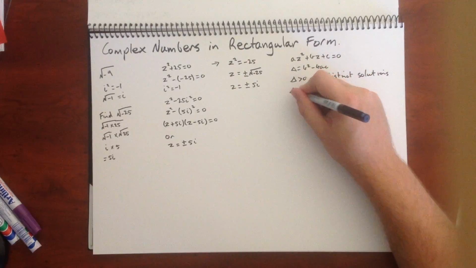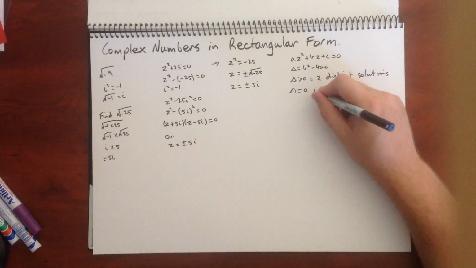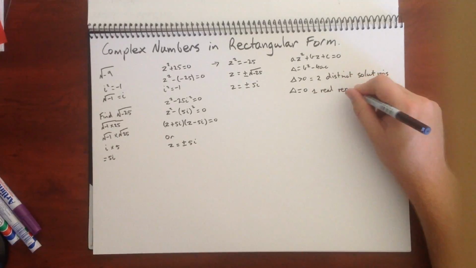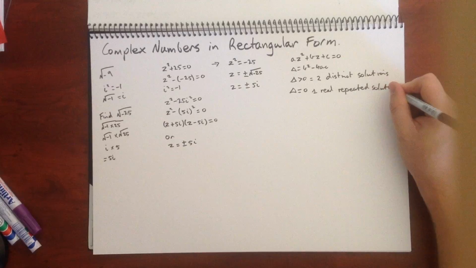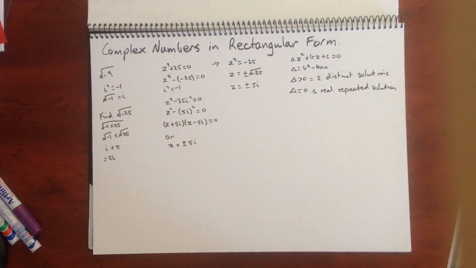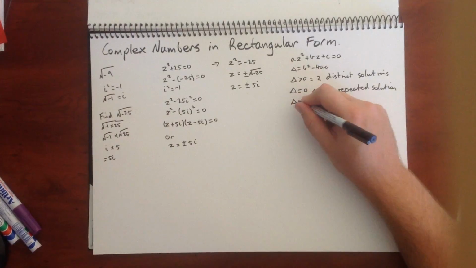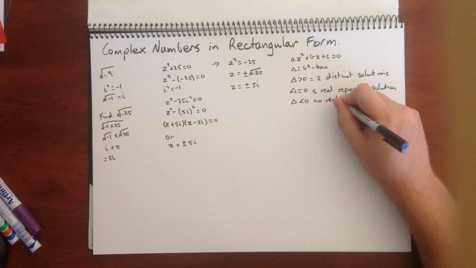If our discriminant equaled 0, then we had one real repeated solution. And in the past we basically said that if our discriminant was less than 0, there were no real solutions.